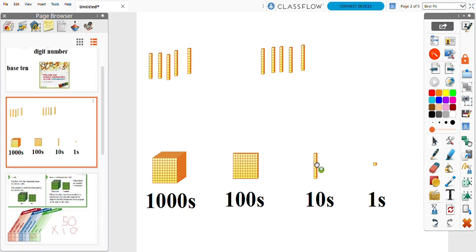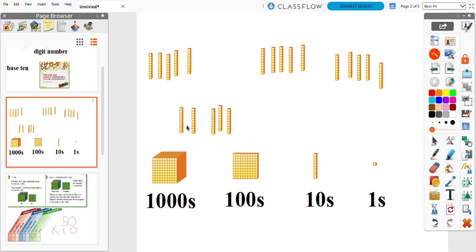It's good to practice counting them out too. There's actually an easier way I could do this.